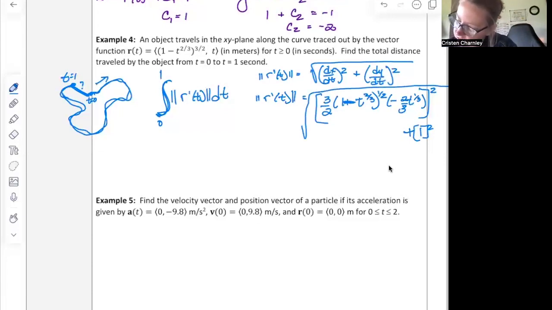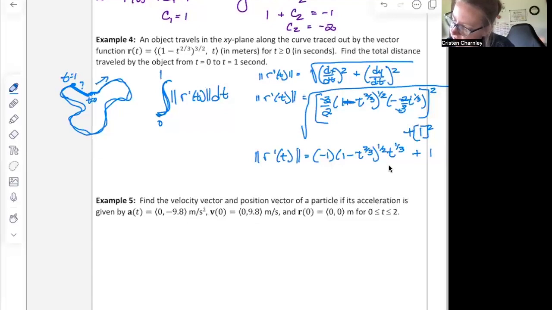So 3/2 and 2/3, those are going to cancel conveniently. So this is a -1 times (1 minus t to the 2/3) raised to the 1/2, and this is a t to the 1/3.